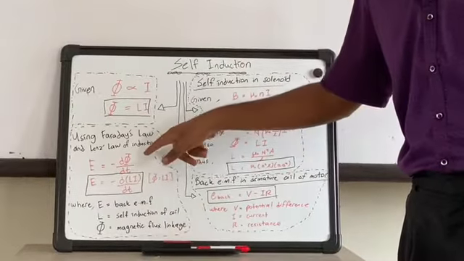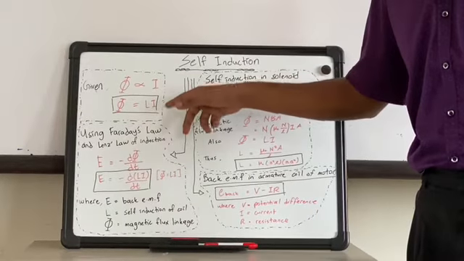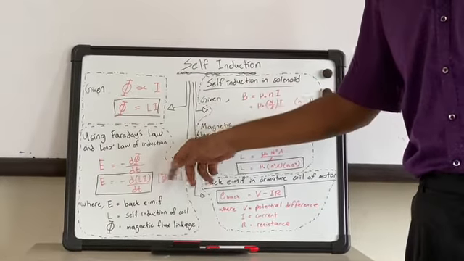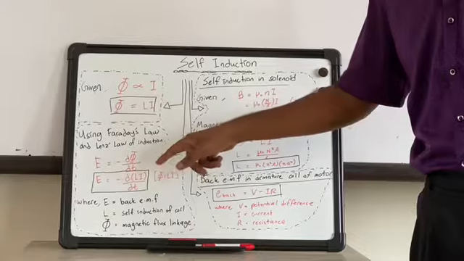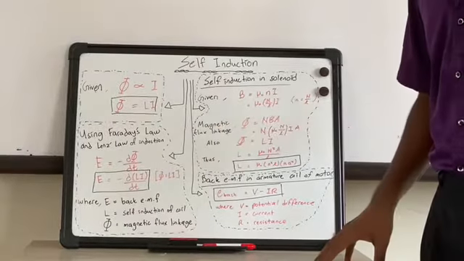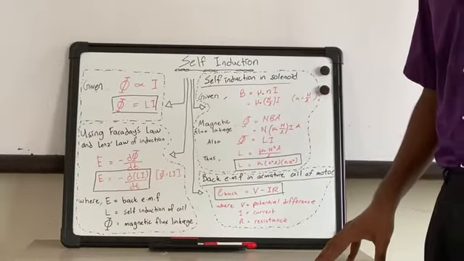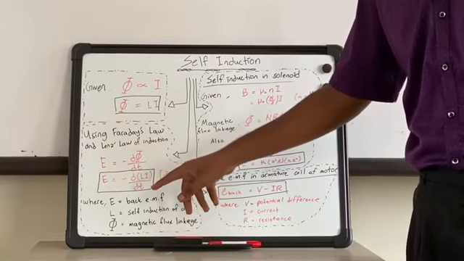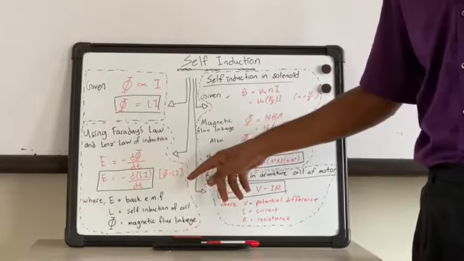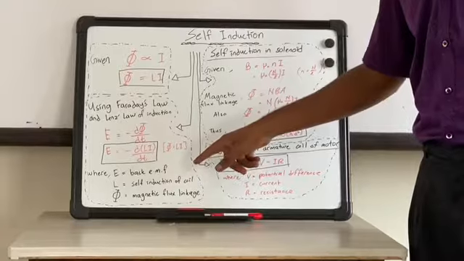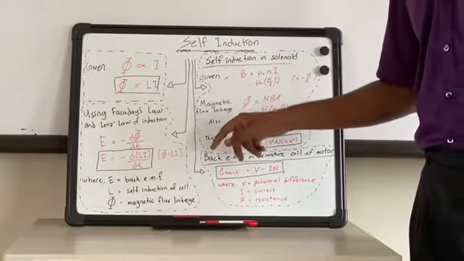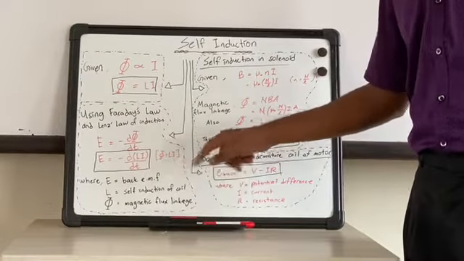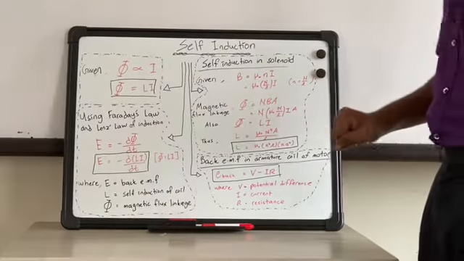So the formula we got from above we should substitute inside, where we get E equals negative d(LI) over dt, whereas E is the back EMF, L is the self-inductance of the coil, and phi is the magnetic flux linkage.